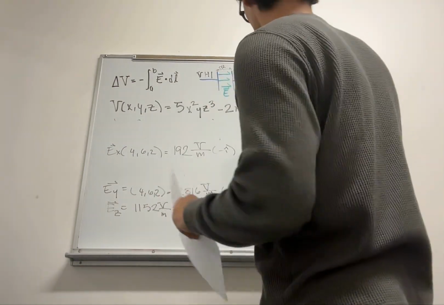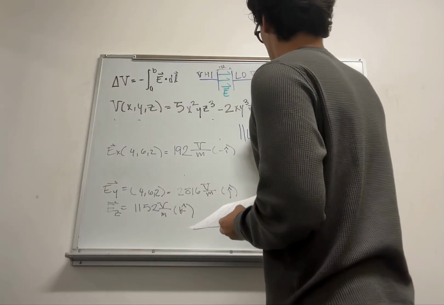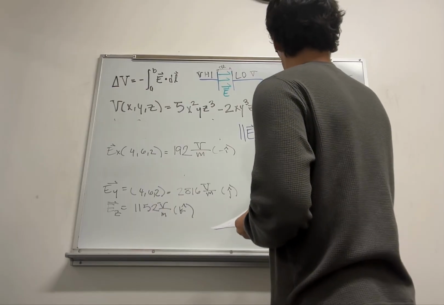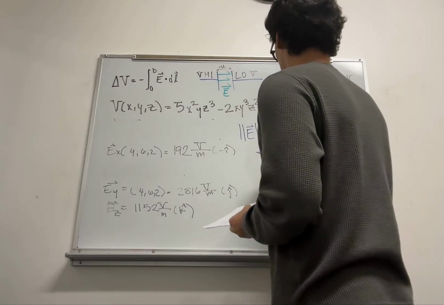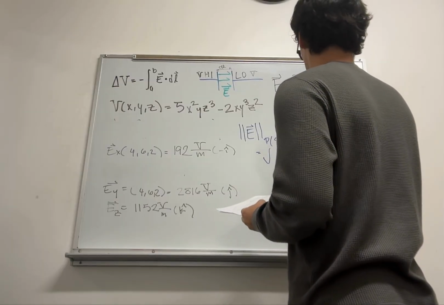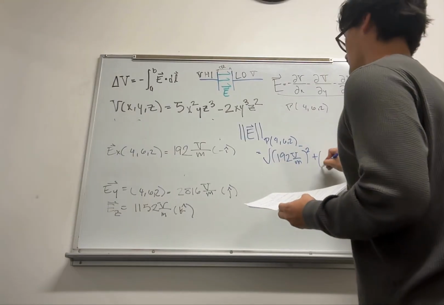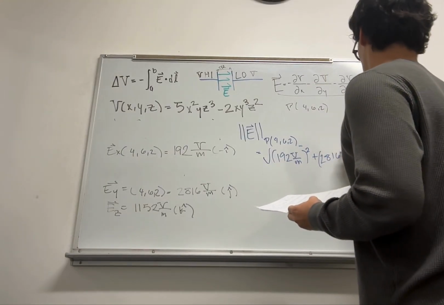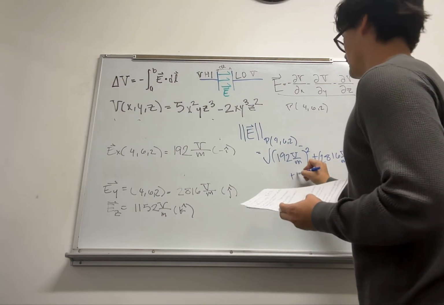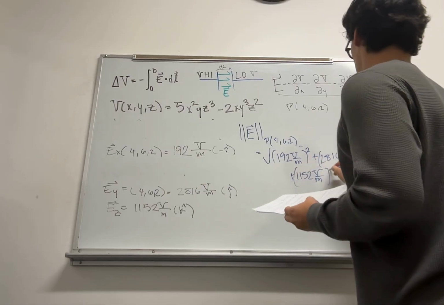So the magnitude of the electric field at point (4, 6, 2) is equal to the square root of 192 volts per meter squared plus 2,816 volts per meter squared plus 1,152 volts per meter squared.